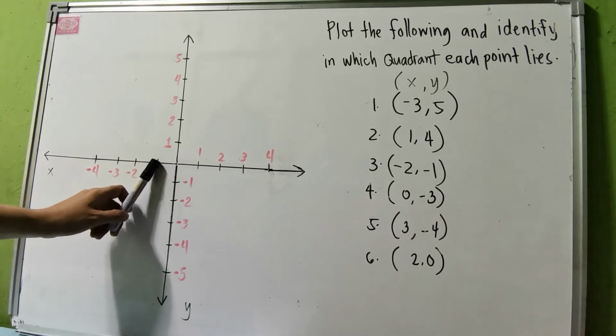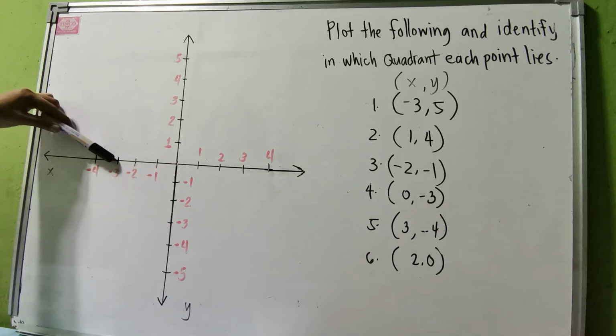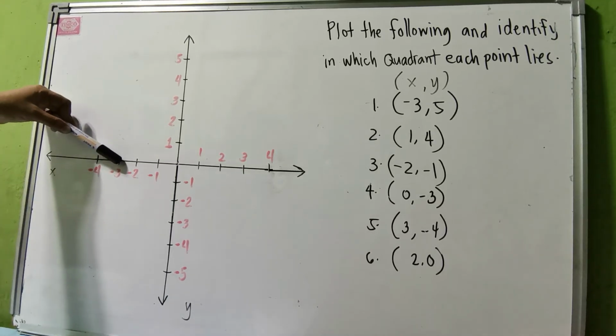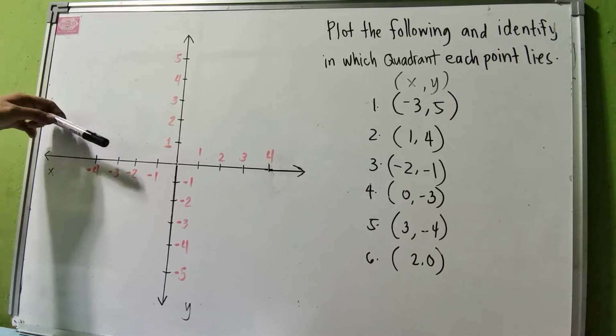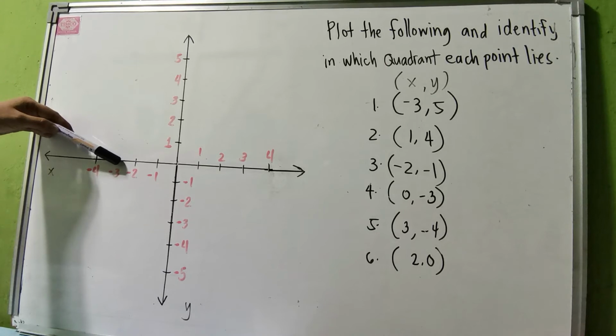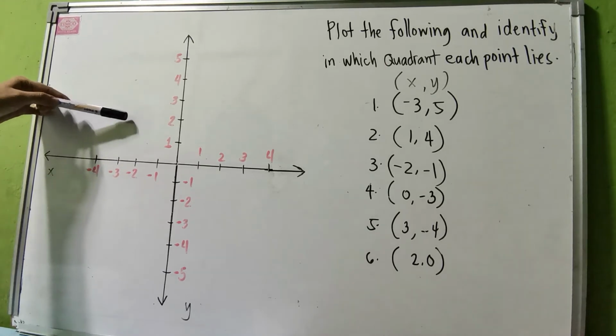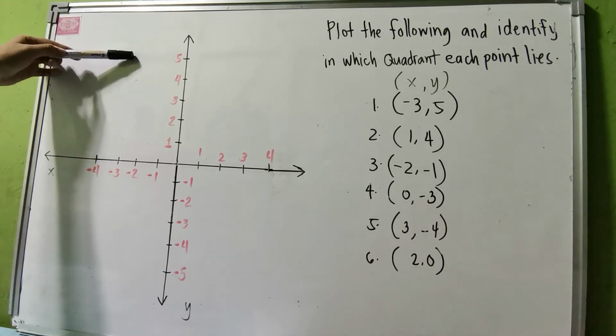So, meron tayong 1, 2, 3. So, ito yon. And then, yung pangalawang coordinates naman ay positive 5. So, ibig sabihin, yung value ng y natin ay yung nasa taas. So, kung bibilang tayo ng 5 units from this point, 1, 2, 3, 4, 5.